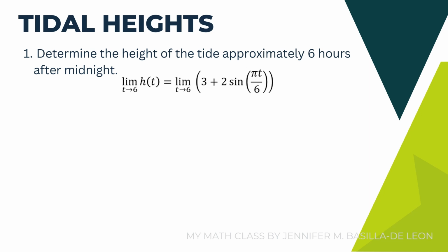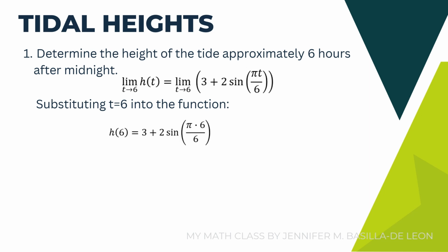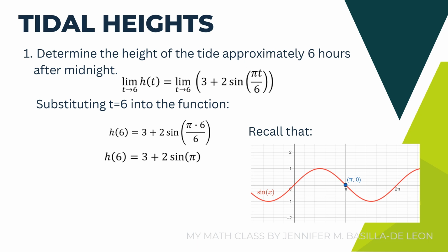Substituting t equals 6 into the function, we will have 3 plus 2 times sine of pi times 6 over 6. Canceling the common factor 6, it will result in 3 plus 2 times sine pi. Remember that sine pi is equal to 0.